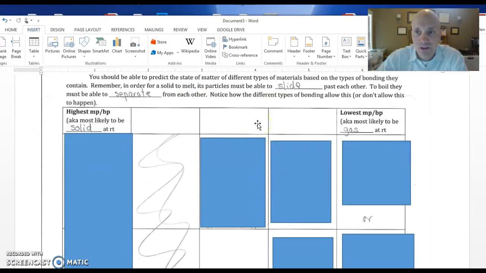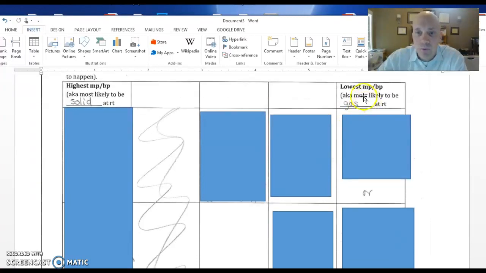But when you're looking at the structure of things, if things can totally separate from each other, it would tend to be a gas. If everything seems to be all locked together, that's going to be a solid. And if there's a weak enough force that they can hold together, but they can still slide past each other, that would be a liquid.